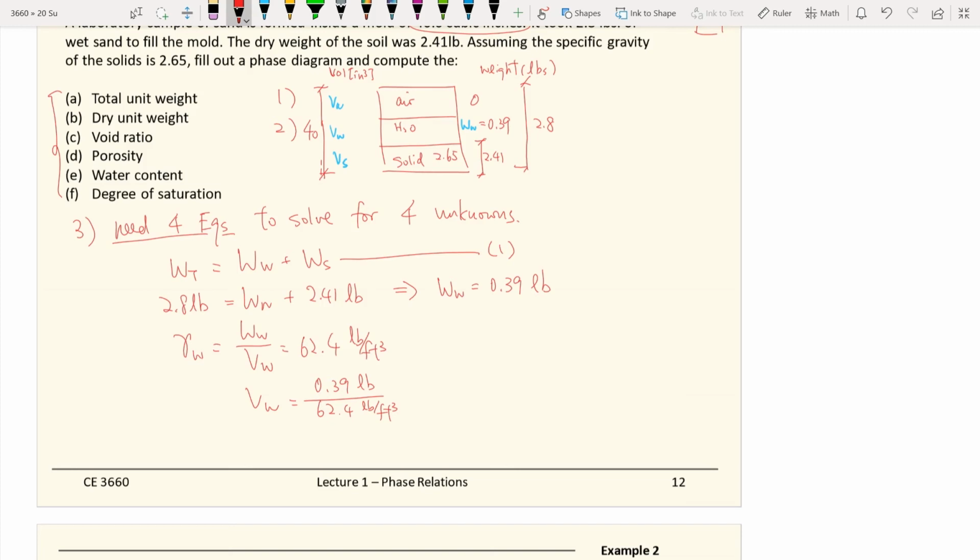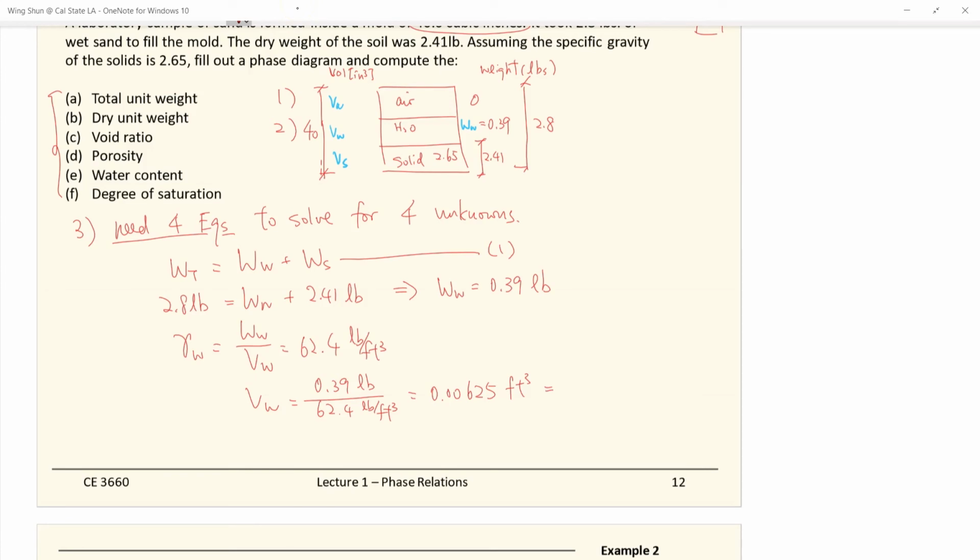So with this, if I take out my calculator, then we can find out my volume of water is 0.00625 cubic feet.